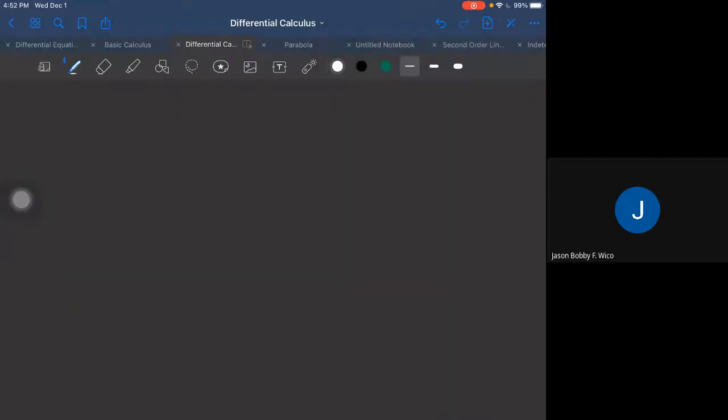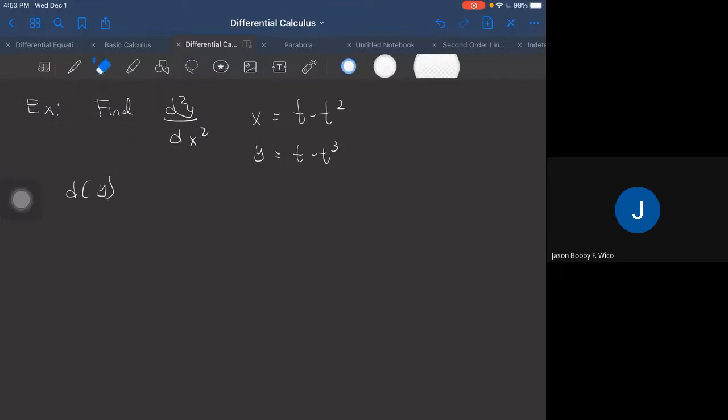So if I'm going to illustrate this one, say we have an example. First, you find the derivative of y. Or in other words, what's the derivative of t minus t cubed? That's just equal to 1 minus 3t squared. What's the derivative of t minus t squared?